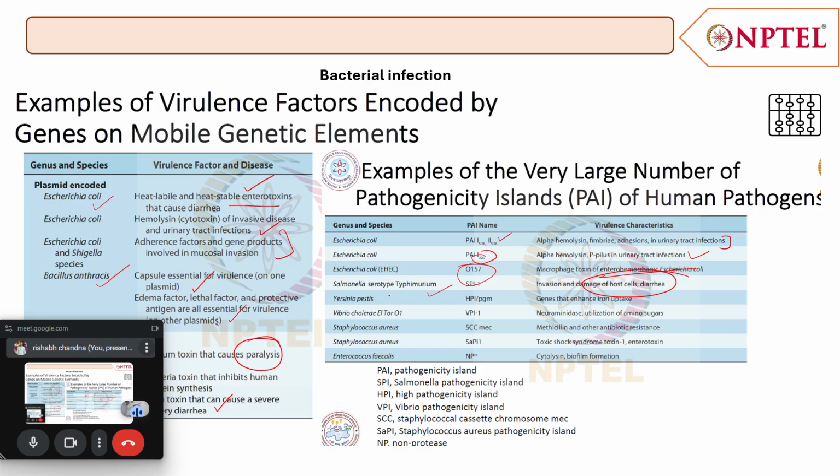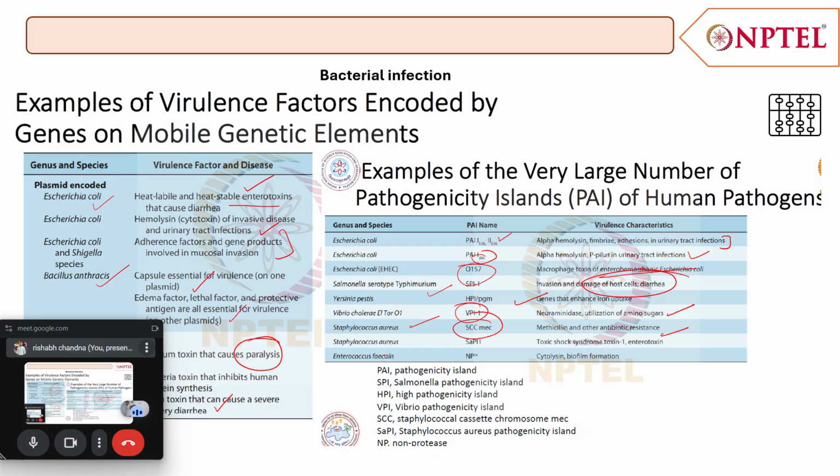Then we have Yersinia pestis, HPI or PGM, genes that enhance iron uptake. Vibrio cholerae El Tor O1, VPI1, which has neuraminidase for utilization of amino sugar. Staphylococcus aureus SCCmec encodes methicillin and other antibiotic resistance genes.